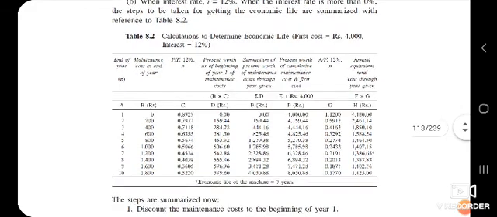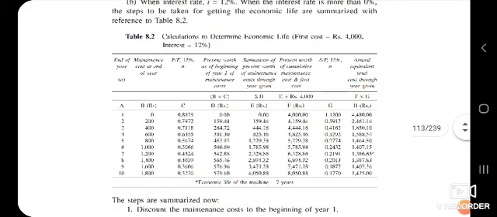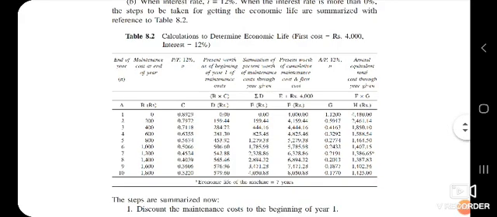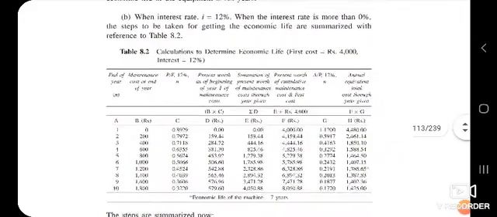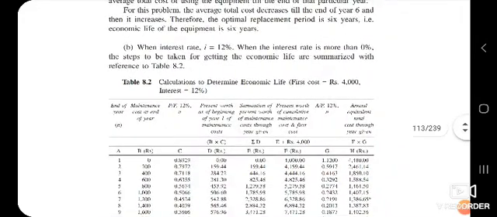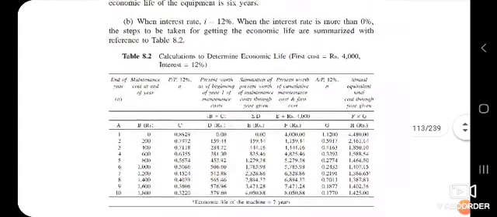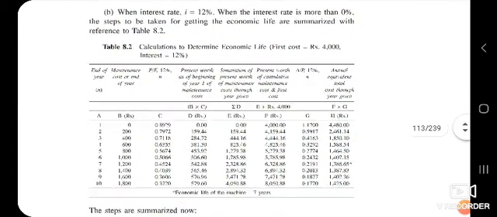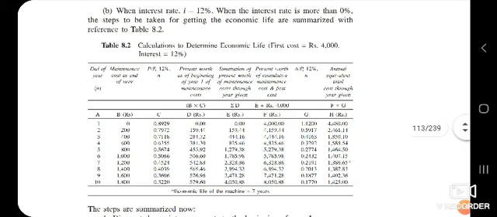Then the present worth as of the beginning of year 1 of maintenance cost and the summation of present worth. So present worth and then annual equivalent, just understand that, because we are calculating the worth of the product, right? And also on that annual equivalent basis.